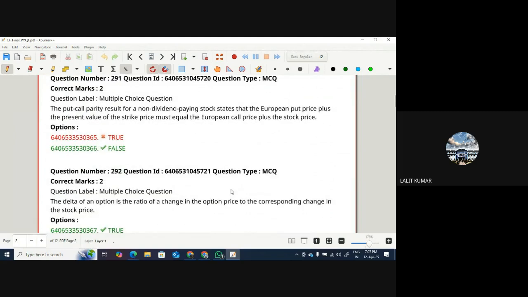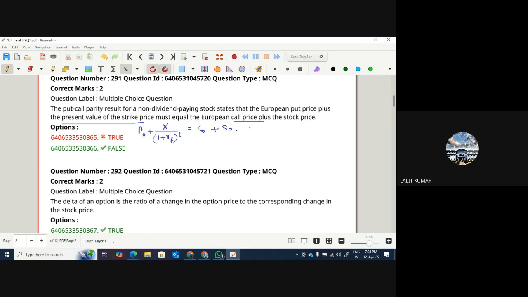So this is the first PYQ. The first question is about the put-call parity result for a non-dividend paying stock. It states that the European put price plus the present value of the strike price must equal the European call price plus the stock price. So what is it saying? Put price P0 plus the present value of the strike price, X over (1 plus RF) to the power T, is equal to the call price C0 plus the stock price.